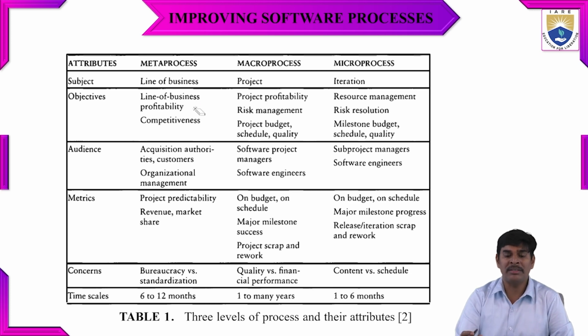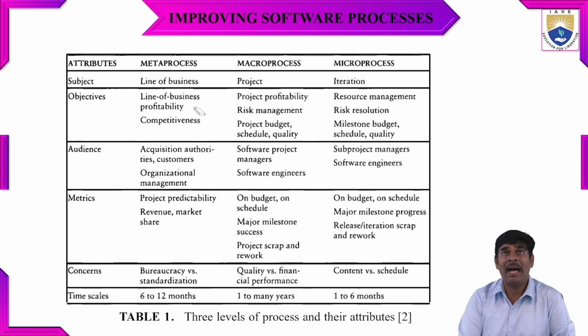In the macro process, they take the project profitability, how much profit the project gains for the organization, and the risk management, like project budget, schedule, and the quality of the project. And next one is micro process.